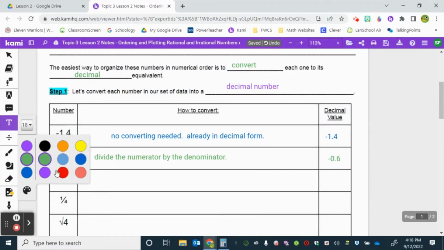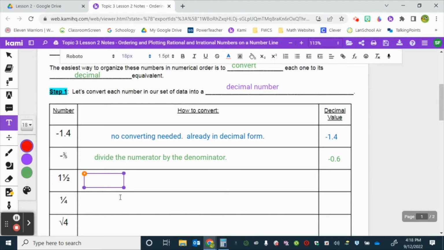If we have a mixed number, 1 1/2, we need to convert this mixed number into an improper fraction first. This is a skill that we learned earlier in the school year, right? 1 1/2 is equal to 3 over 2.